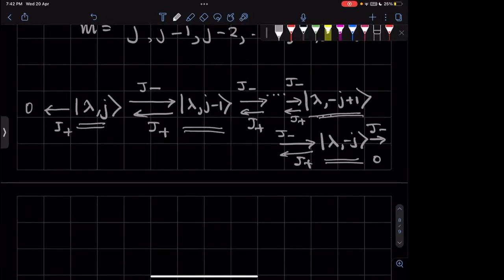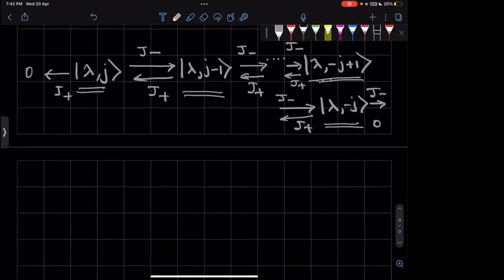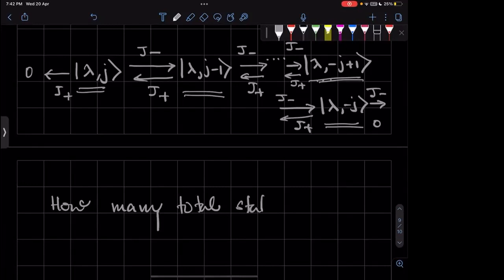Now, so how many total states are there? 2J. Say again. I think it's 2J. It's actually not 2J, because you're including both J and minus J, so you're counting both of the endpoints.